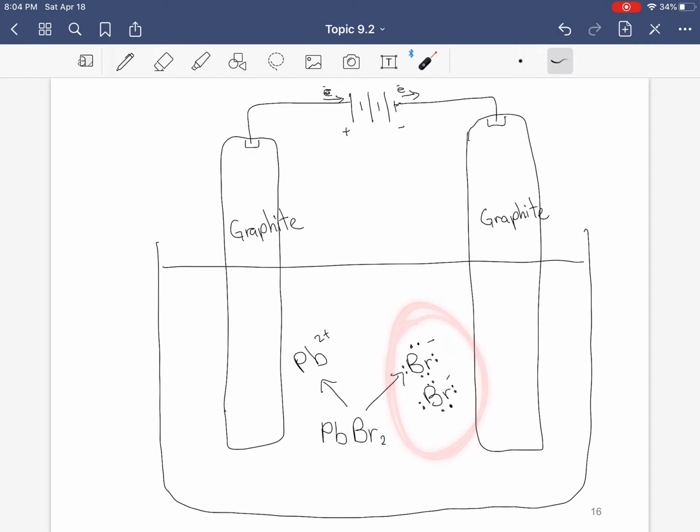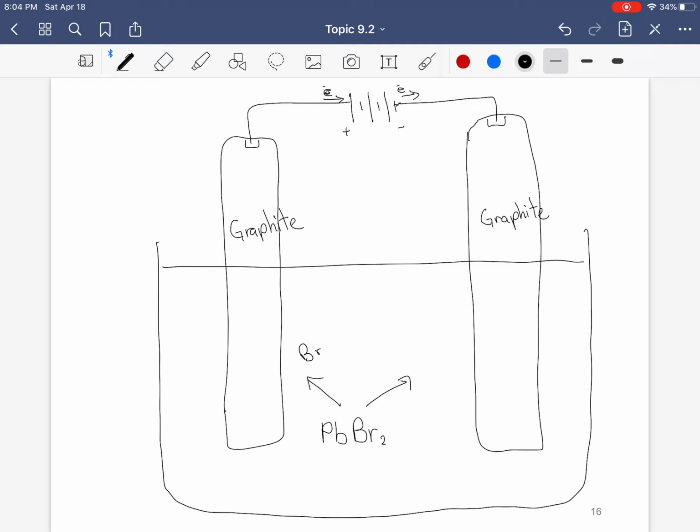Now, these 2 Br, they don't want to be ions. They actually don't mind coming together to form bromine gas, if you think about it. Okay, I really should have bromine over here.